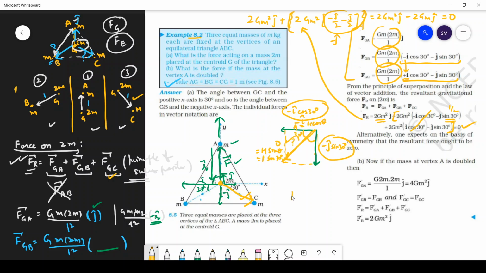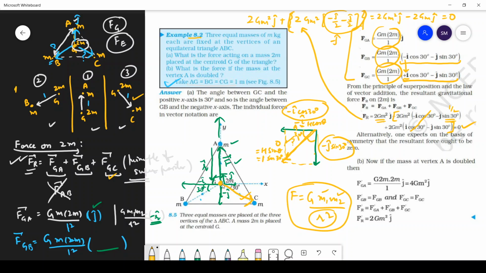Because magnitude equals gravitational constant into m1 into m2 divided by the distance squared. This is 1 square in all the cases, m1 is m in all the cases, and m2 is 2m in all the cases. So the magnitude of the forces is the same. So 2m is pulled in these three directions with equal force.